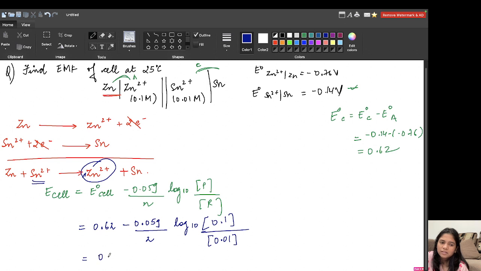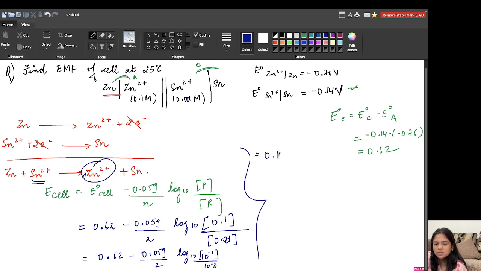Now I can write this as 0.62 minus 0.059 by 2 log base 10. Okay, sorry, this is 0.001. Okay, 1 minute. This is 0.001. So this will be 10 to the power minus 3.